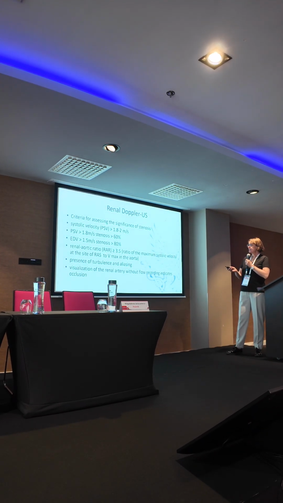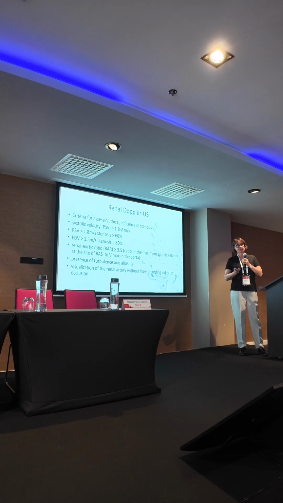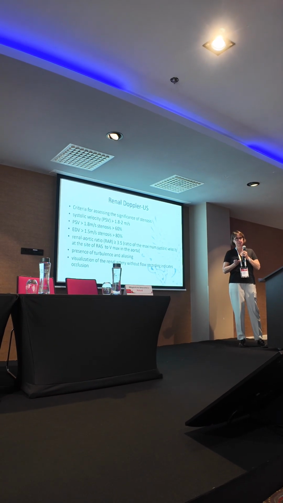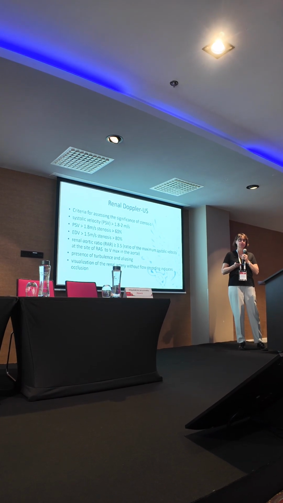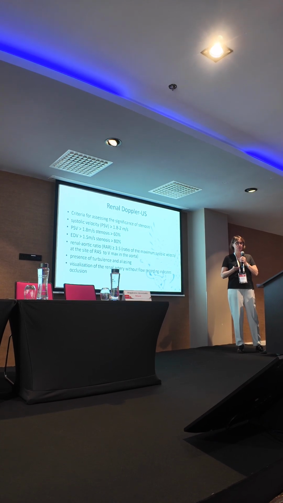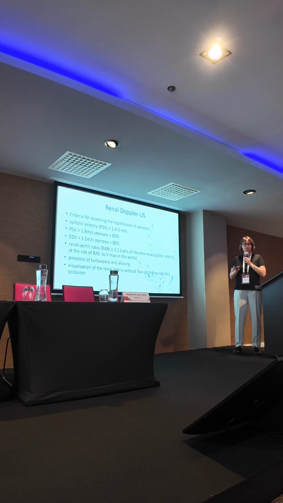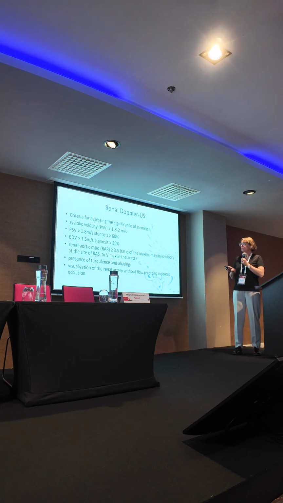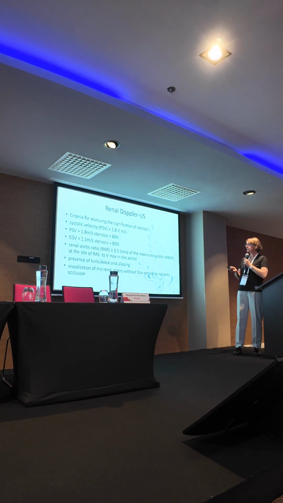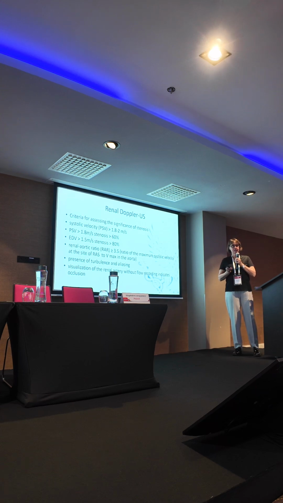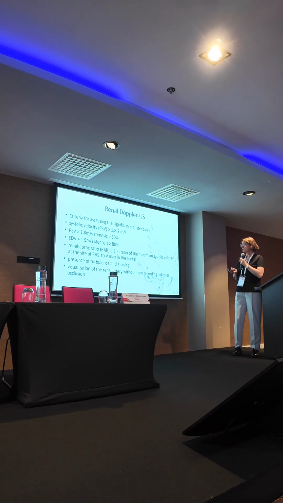Adults have a speed in the aorta from 50 centimeters per second up to 80, 90 centimeters per second. This is the general speed of the adult aorta, but not for children. So this is peak systolic and diastolic. This does not apply to children.